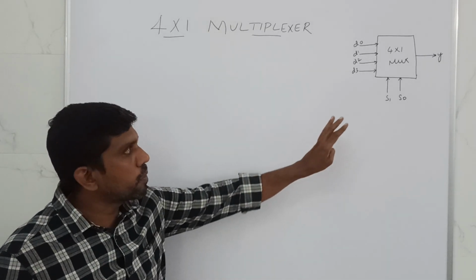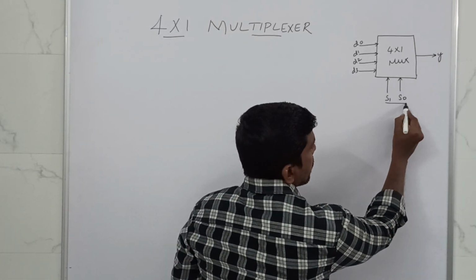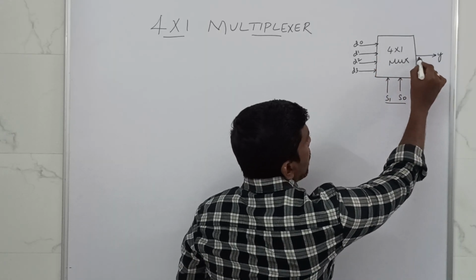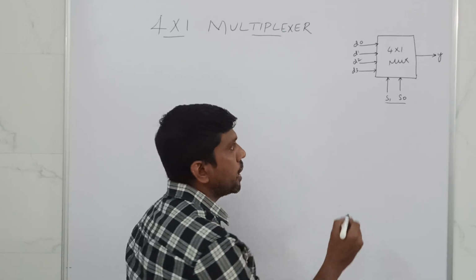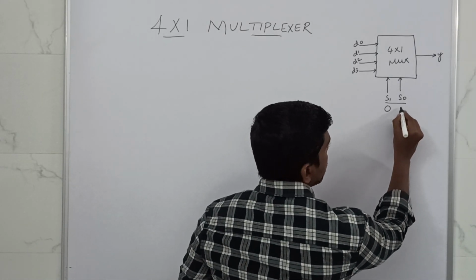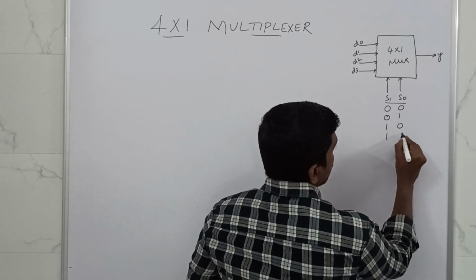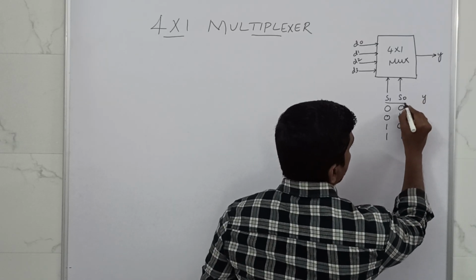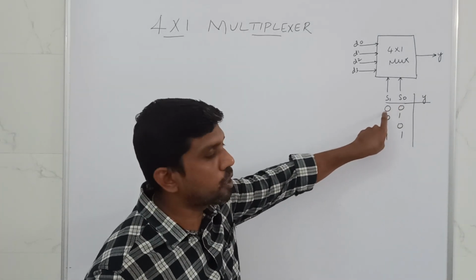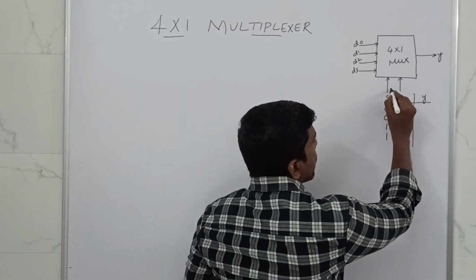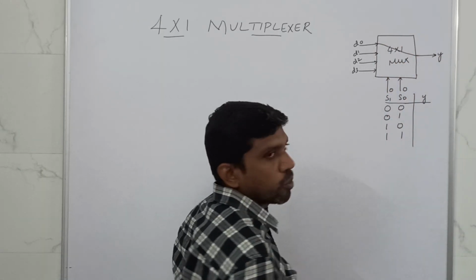What is the basic operation of a 4x1 mux? Based on the selection line, the input value is mapped to the output. Here the selection lines are two variables. It makes 4 combinations of input: 00, 01, 10, 11. So this is the output response. If both the selection lines are set to 0, D0 is mapped to output.